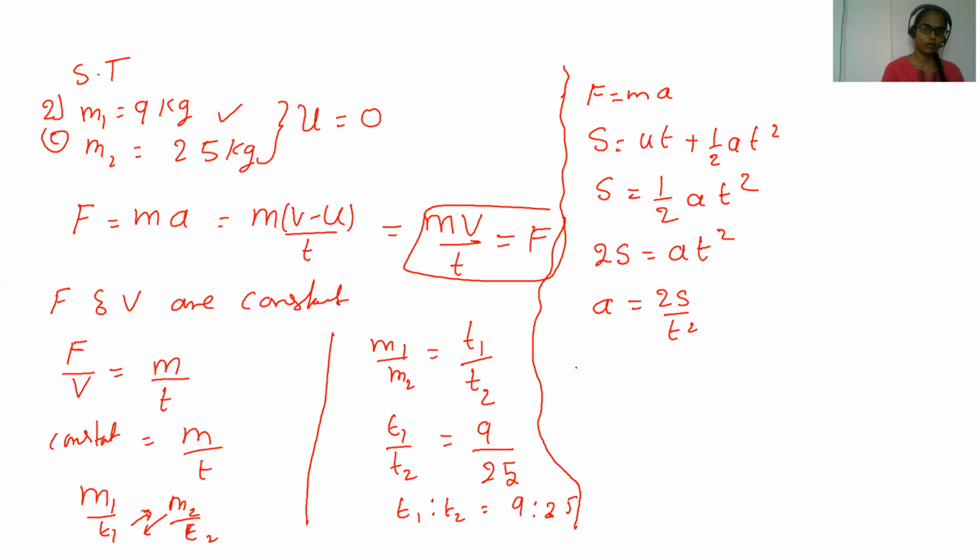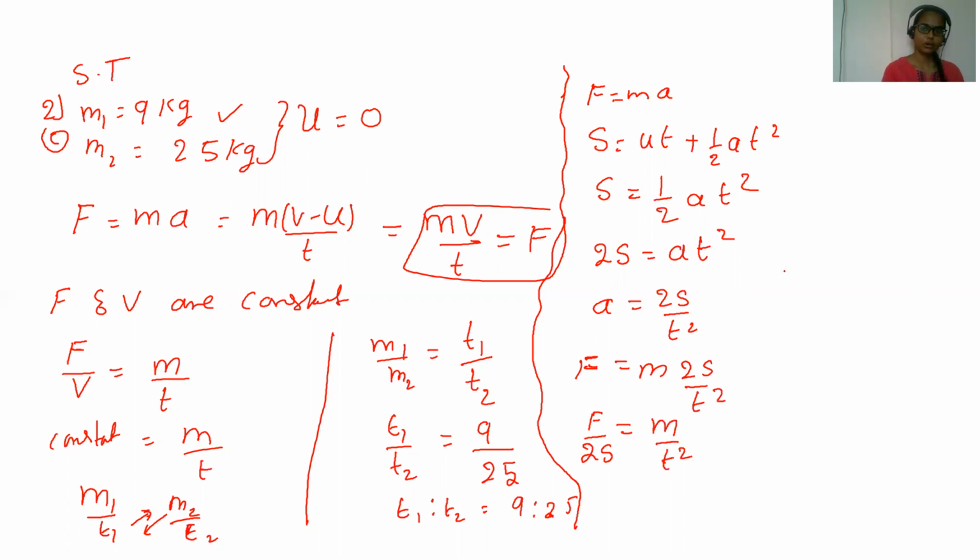From this equation, you know the force F is equal to mass into acceleration. In place of acceleration, I write 2s by t square. Understood, children? Or you can write it properly: F divided by 2s. They have given that displacement is constant, so 2s is also constant. Both are down, so m by t square will come.